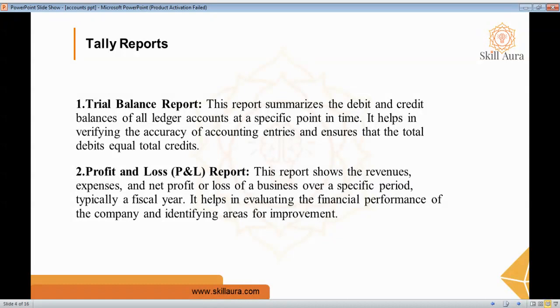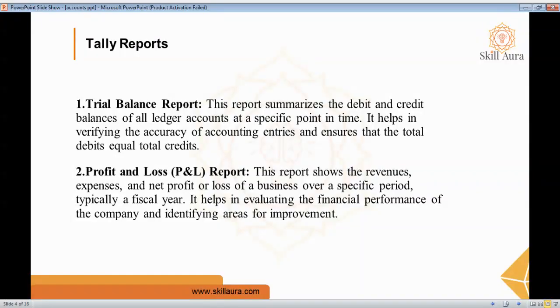So, this trial balance sheet typically includes the following columns: account name, debit balance, credit balance. These accounts are usually listed in the following order: assets, liabilities, equity, revenue, expenses.